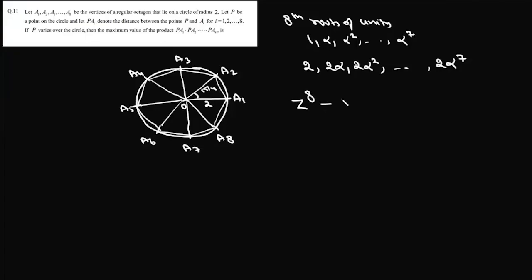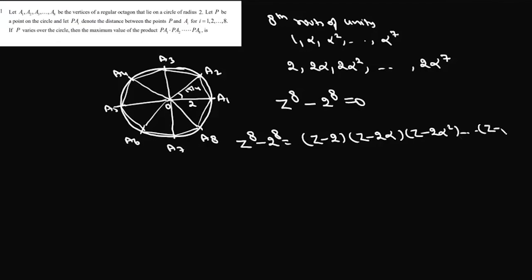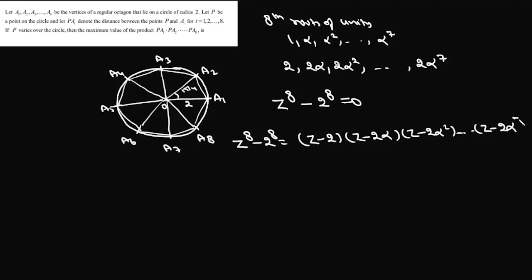So basically they are roots of this equation, z to the power 8 minus 2 to the power 8 equals 0. We can write z to the power 8 minus 2 to the power 8 as z minus 2, z minus 2 alpha, z minus 2 alpha square, up to z minus 2 alpha to the power 7.